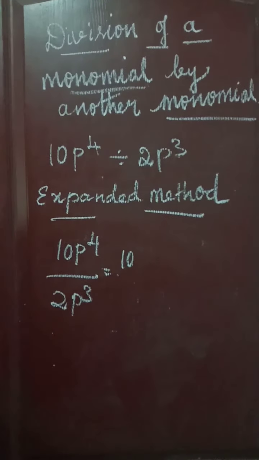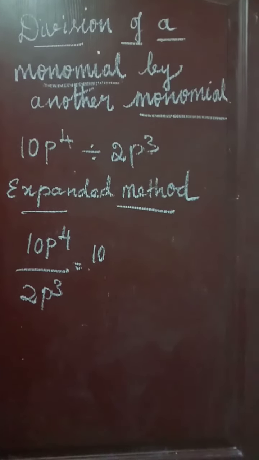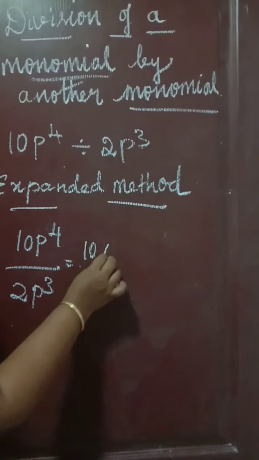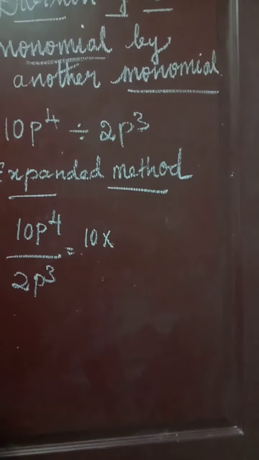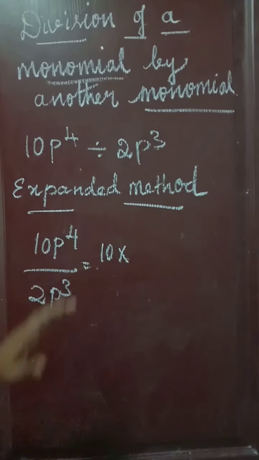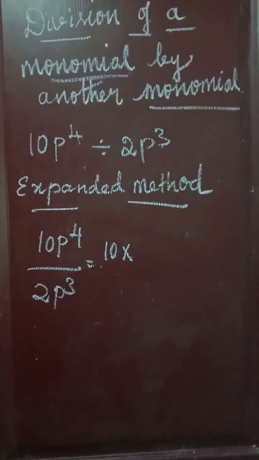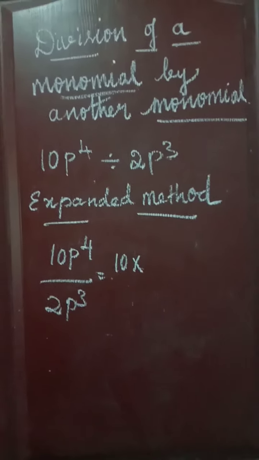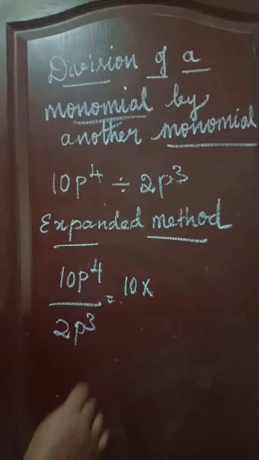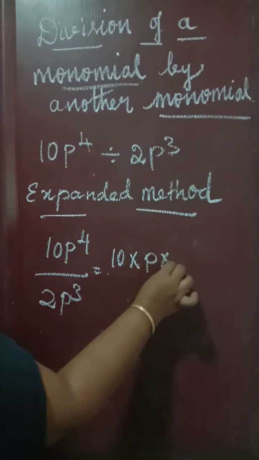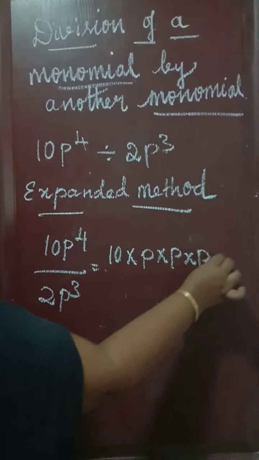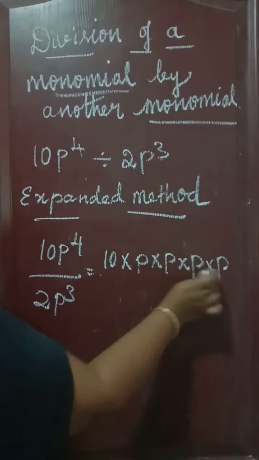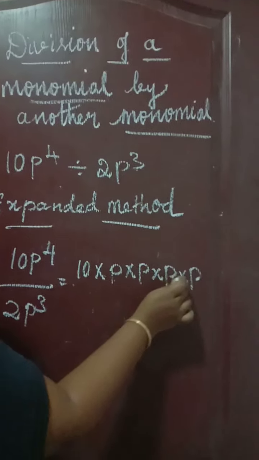What is the meaning? 10 multiplied with p power 4. How many p's are there? P power 4 means p is multiplied 4 times. So I write p into p into p into p.